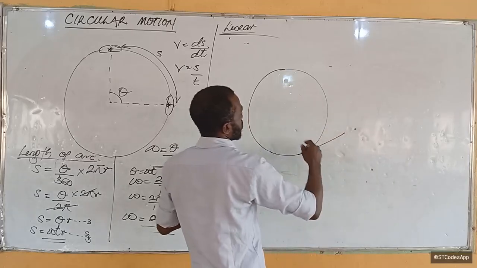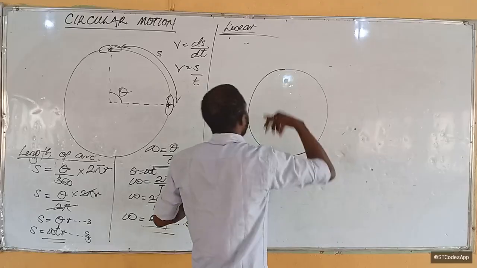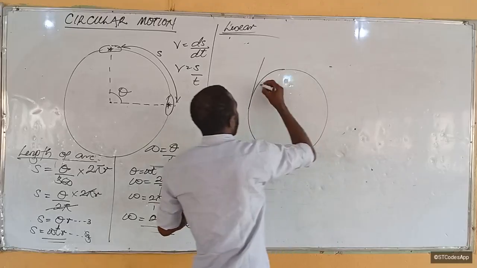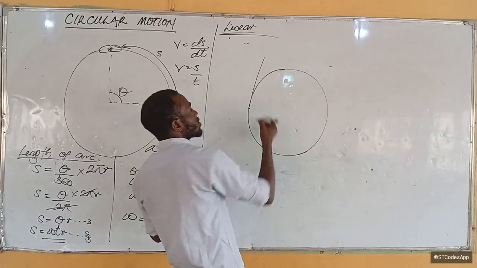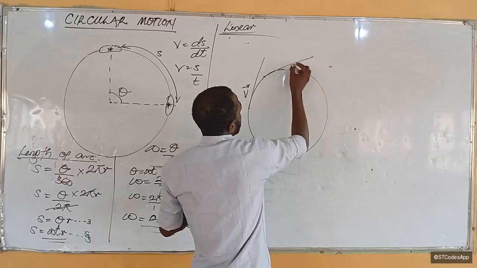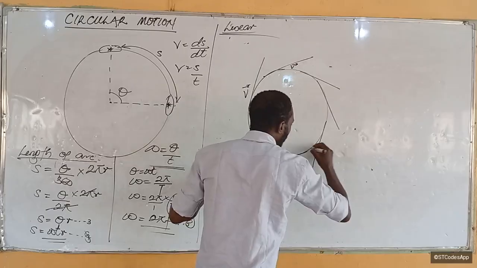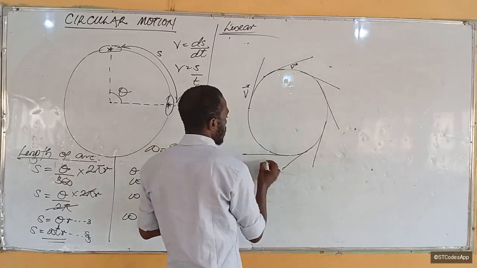So given that this body is moving, let's say it was moving in this direction, clockwise. Then this is my body. The velocity at this point, if I pick this point, will be tangential to that point. The velocity will be tangential at every point on my circle. Is that okay?